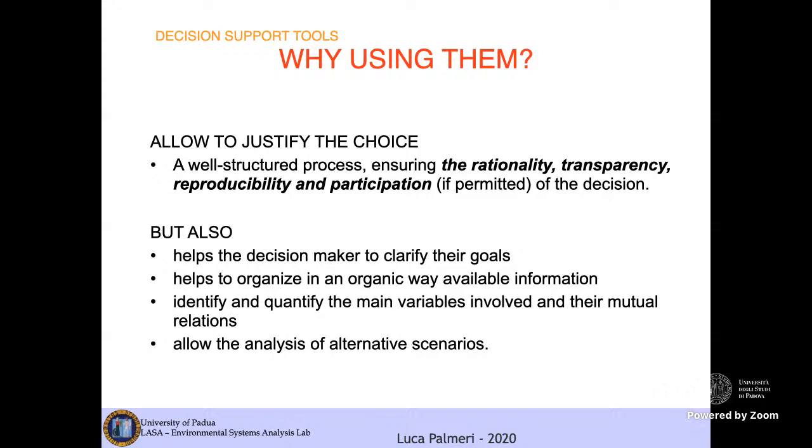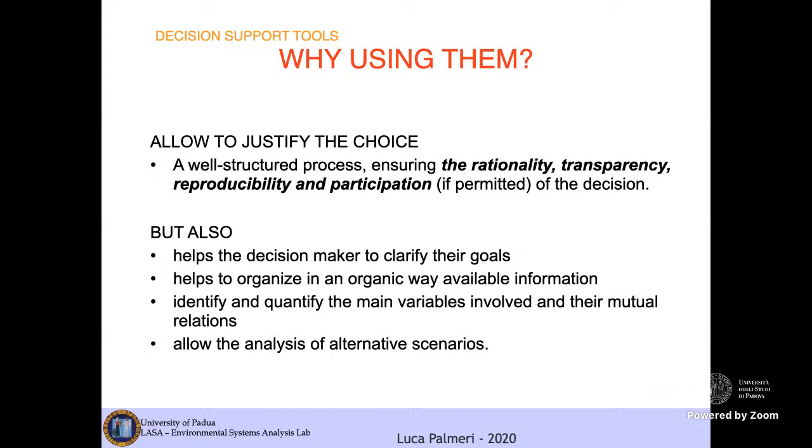We want a rational decision. Transparency and reproducibility come from the need of communicating widely the criteria that guided us in the decision, and participation, as you may recall, is a standard prerequisite in order to involve the public in the decisions.